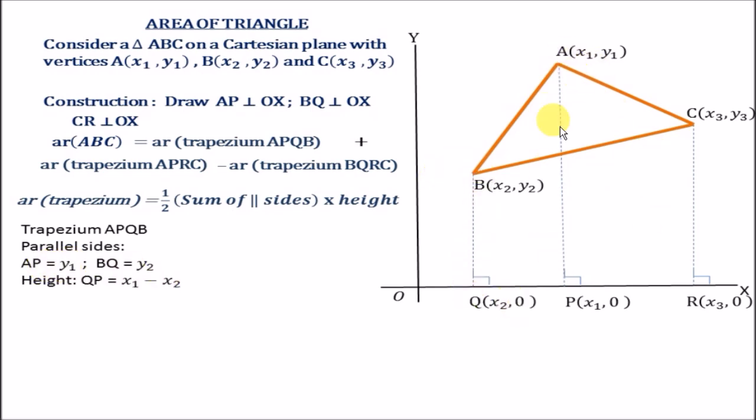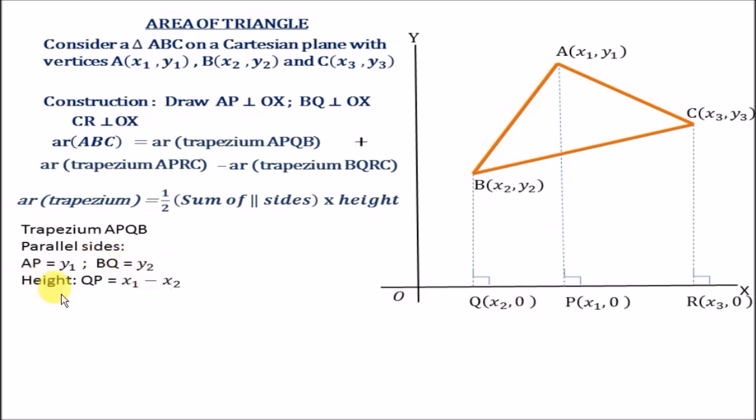AP and BQ both are distances which are parallel to the y-axis. That means the y coordinates will determine their length. The y coordinates of A and P are y1 and 0. So AP will be equal to y1 minus 0, that is y1. So AP is y1. Similarly BQ is y2 minus 0, so y2.